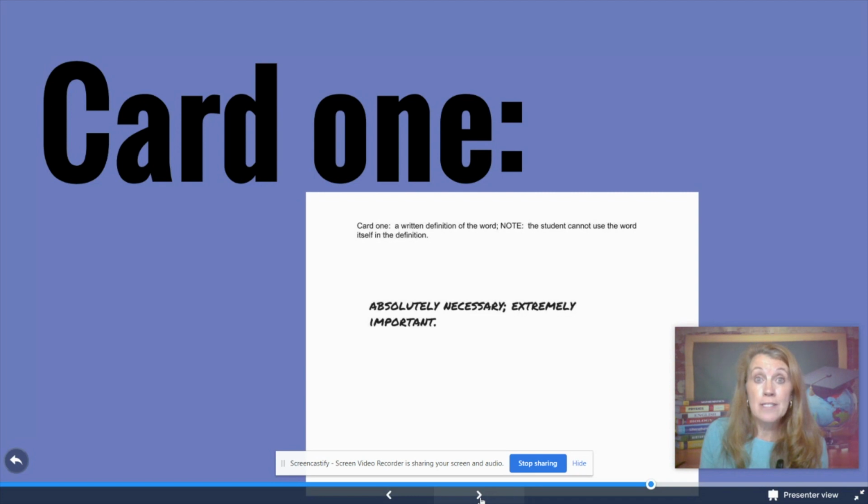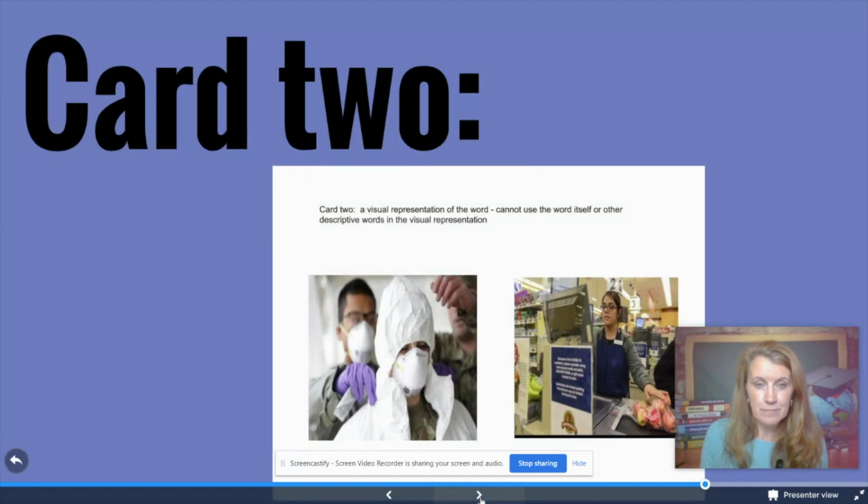You may want to also remember or think about all students using pencils or the same color ink pen, and you'll understand that better as we go through. Card 2 will be the visual representation. On the card given in this example, I have used pictures from a web search to put with my definition.